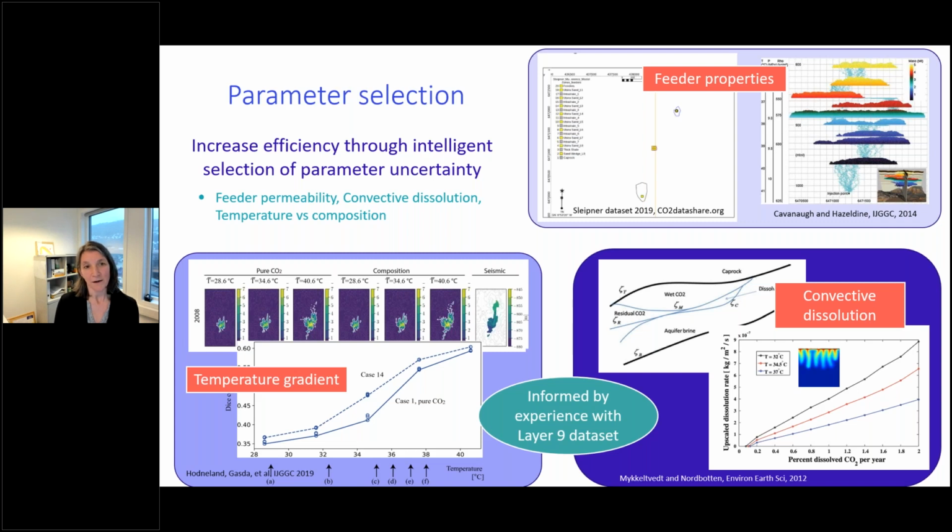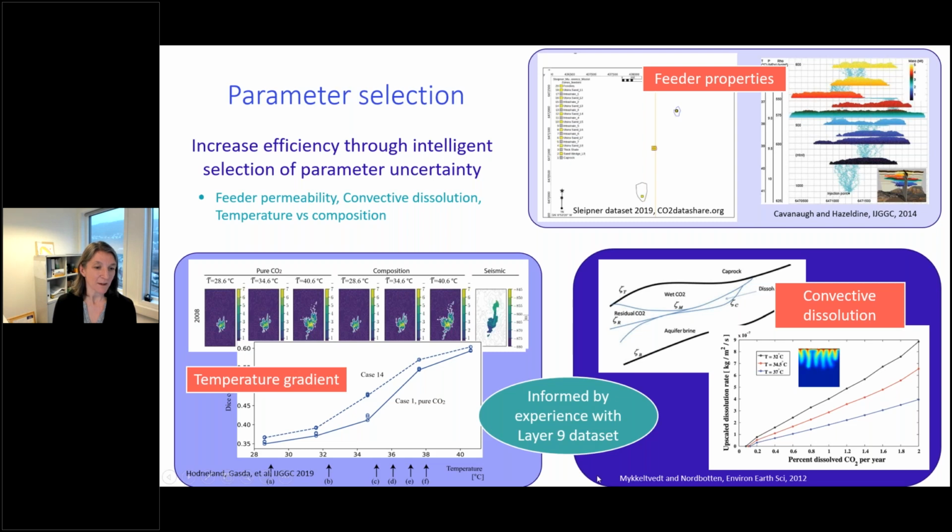And the three are the feeder permeability, convective dissolution, and temperature as opposed to composition. So up on the top right, I show you the feeder properties, and the feeders have been previously called chimneys. A variety of different names have been used in the past, and it's very well known that these, of course, are essential for how CO2 is migrating both laterally and vertically within the Sleipner sand.